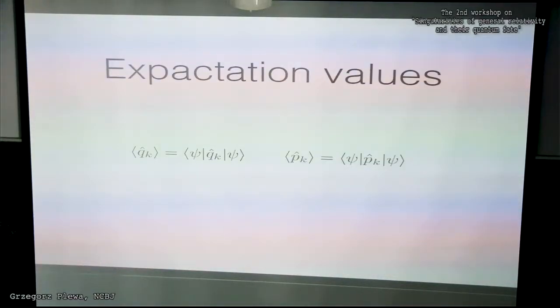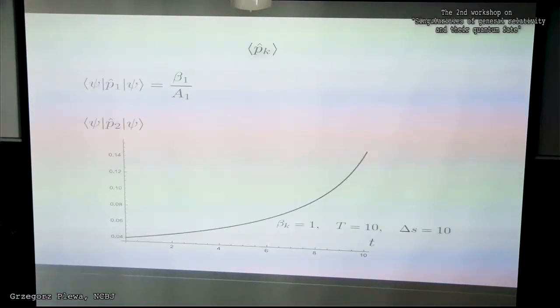Now, I briefly present the expectation values of qk and pk. This is a way to uncover the evolution behind our quantum model of the singularity.